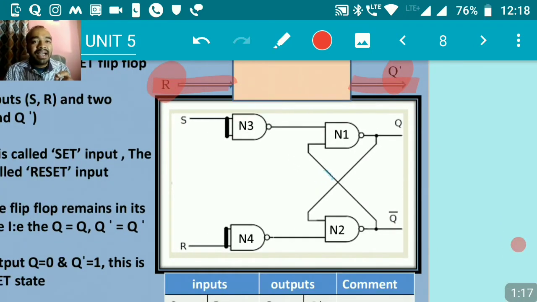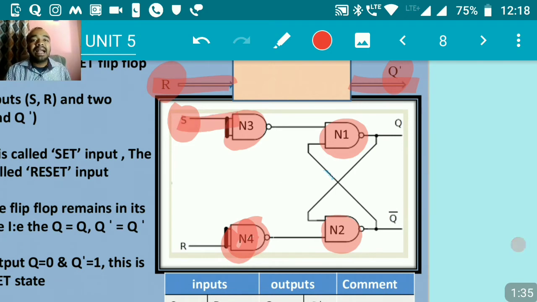The logic diagram of the SR flip-flop or SR latch has four NAND gates: NAND gate 1, NAND gate 2, NAND gate 3 and NAND gate 4. First, the S input, the set input, is connected to NAND gate 3.